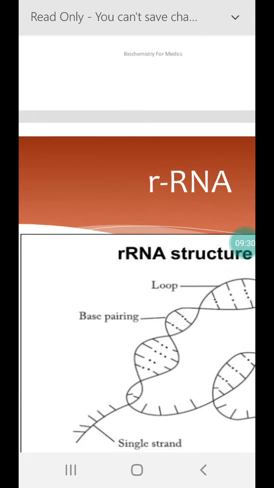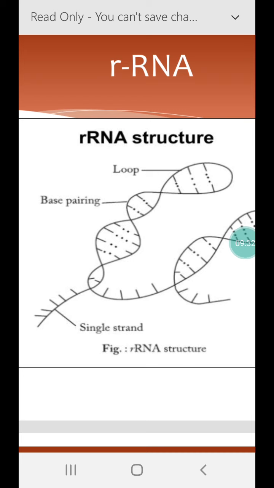So this is the structure of now rRNA, that is the ribosomal RNA. It is a hairpin like structure which has base pairing and loop like structure too.